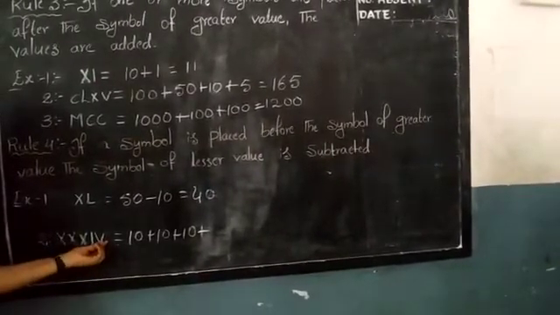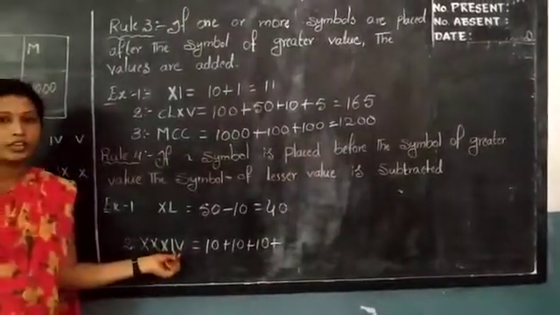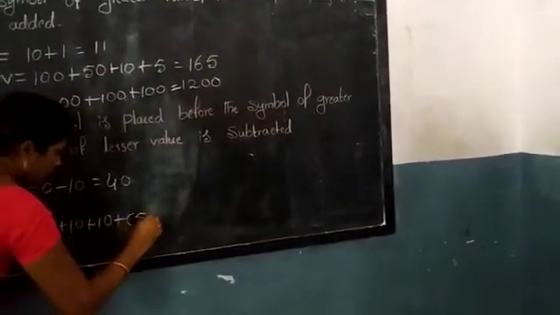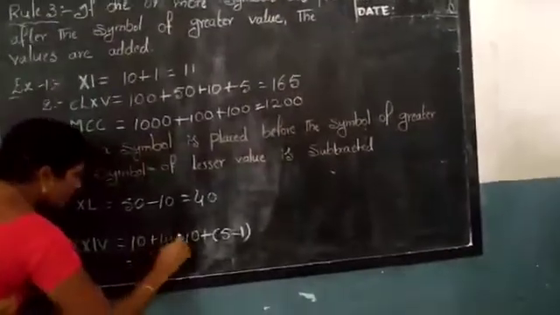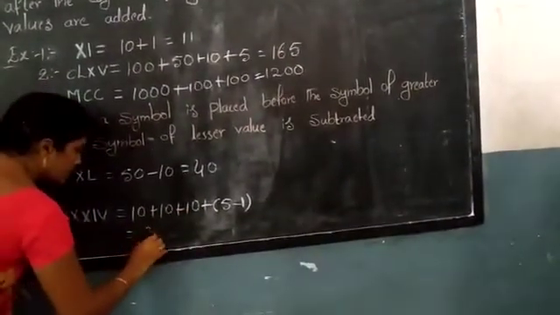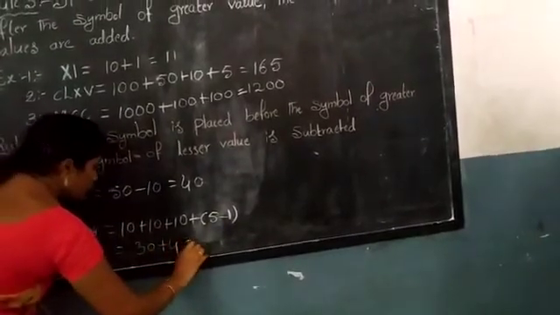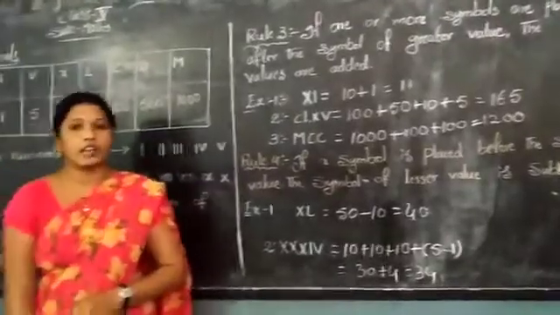So, before the greater value there is a lesser value, right? So, what should we do here? 5 minus 1, right? So, what do we get here? 10 plus 10 plus 10, 30. 5 minus 1, 4. So, the value is 34. Okay children, did all of you understand?